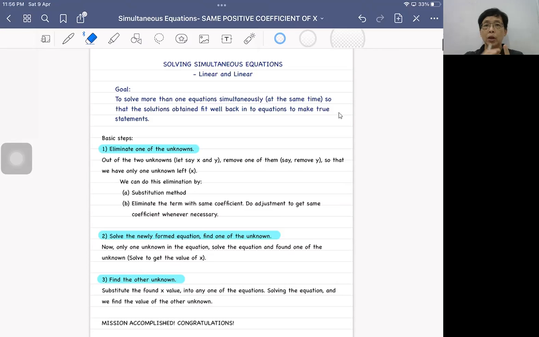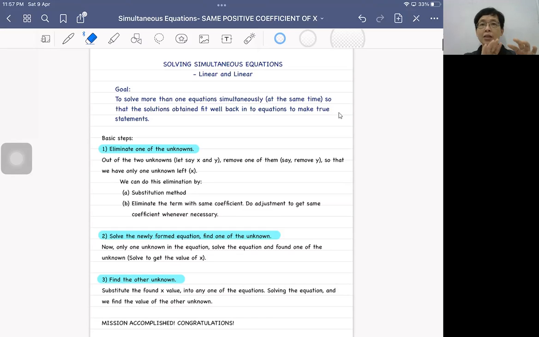If you have not seen my video on the basic skills of how to do this, go and check it out. It is in the playlist. Once you have eliminated one of the unknowns, you comfortably solve for the first unknown. Then you take that first mystery solved and substitute it into the equation.